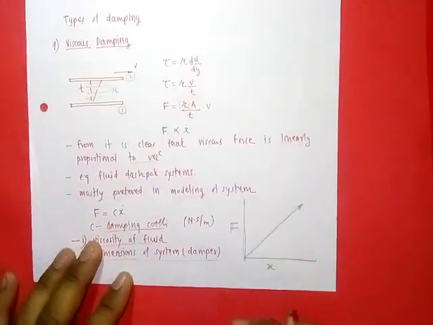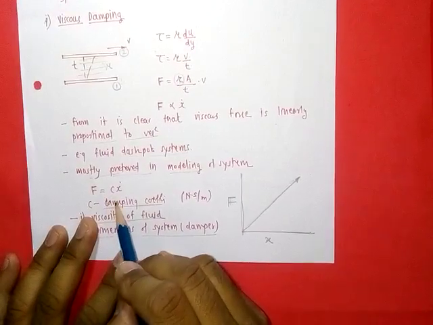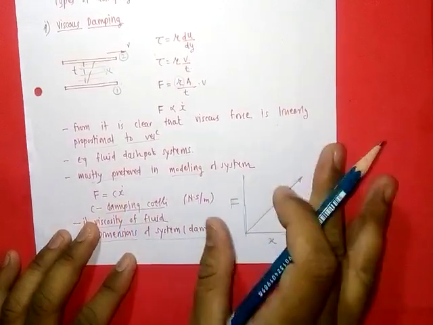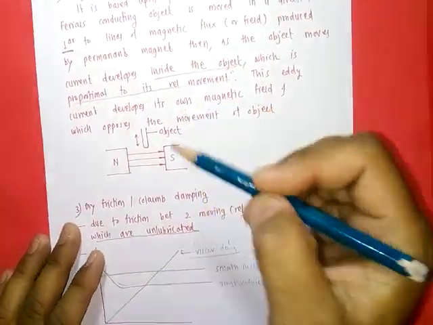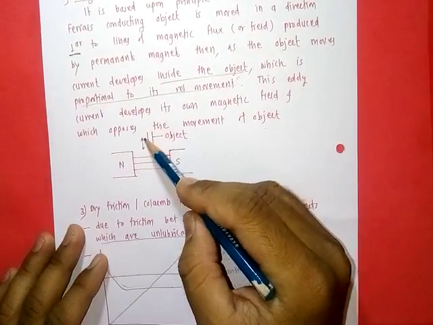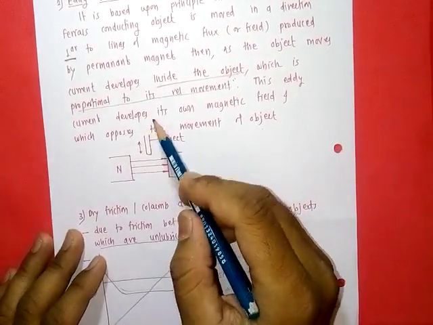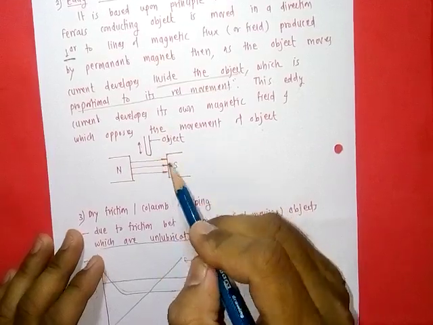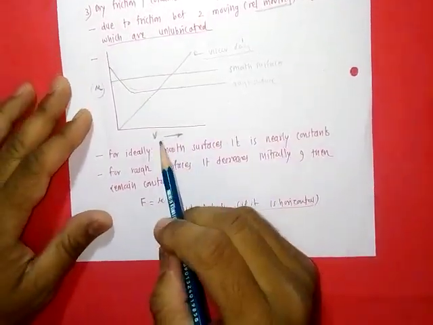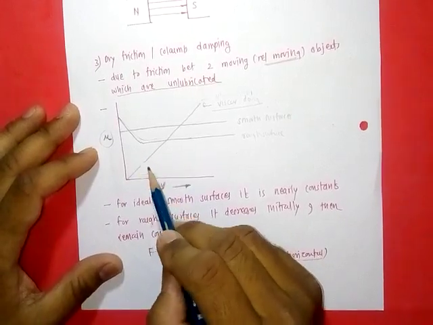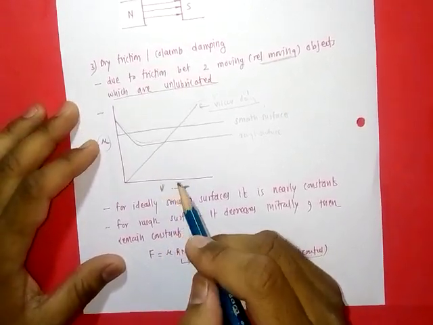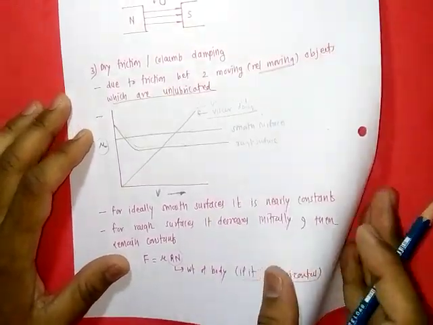So we have discussed the types of damping. First is viscous damping. Viscous damping is a very simple one, and it is linearly proportional to the velocity of the fluid. The second one we discussed is eddy current damping, which is due to the development of eddy currents in non-ferrous magnetic material. The third one is dry friction damping. It is due to friction between two moving parts, which absorbs energy and brings the system to rest.